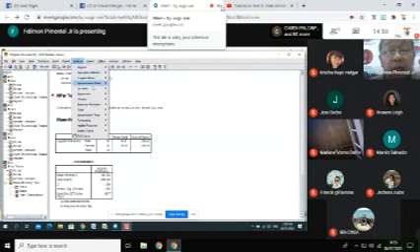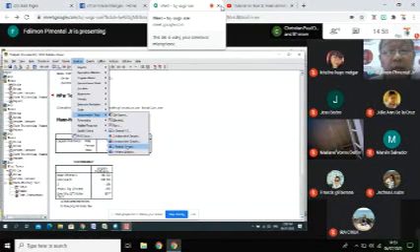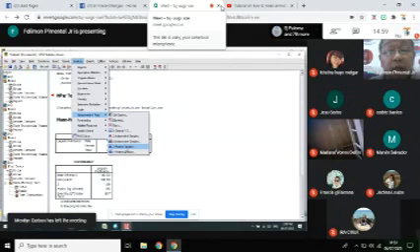Go back again to non-parametric tests. And this time we go to K independent samples. Sorry, we have now two related samples, because we are still dealing with the Wilcoxon. So two related samples, we click that.